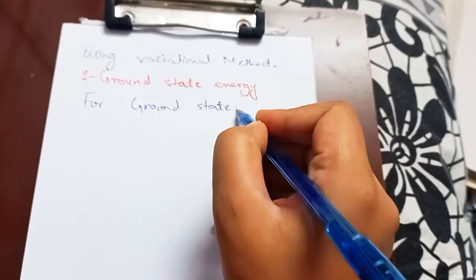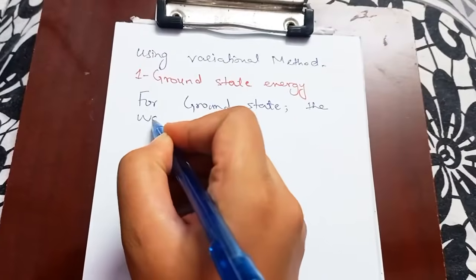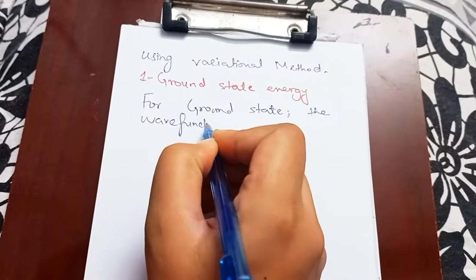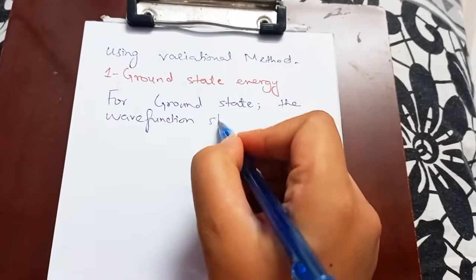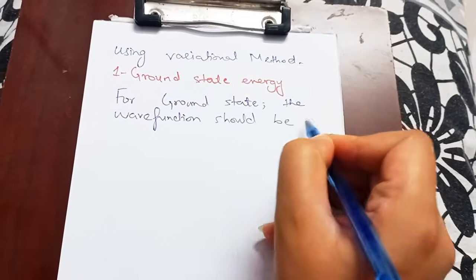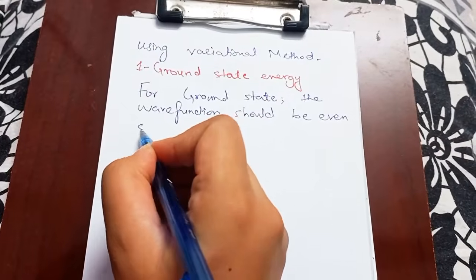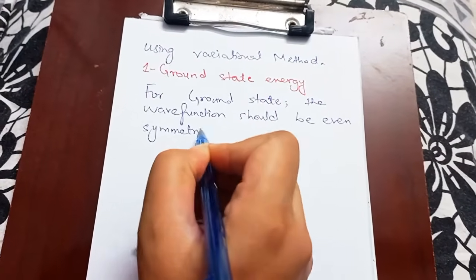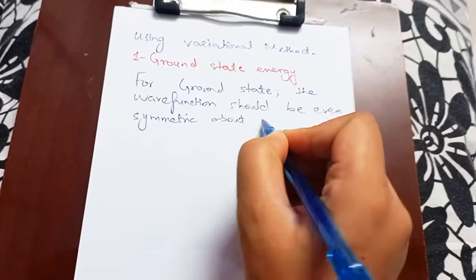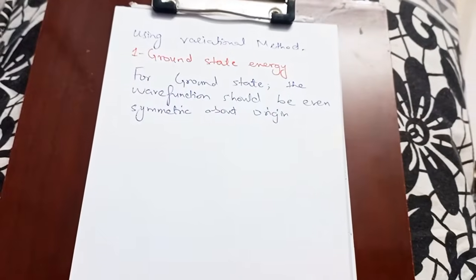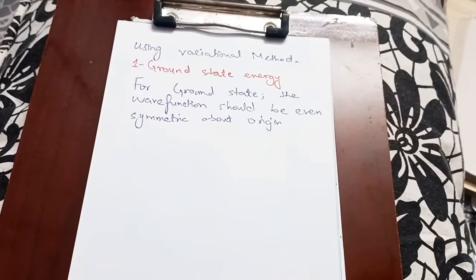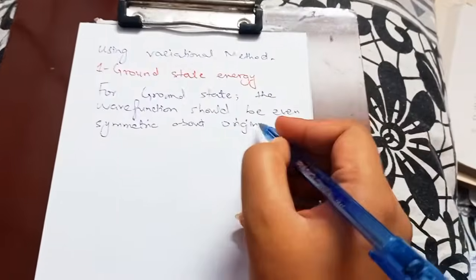For the ground state, the trial wave function that we are considering should be even, which means it should be symmetric about the origin.